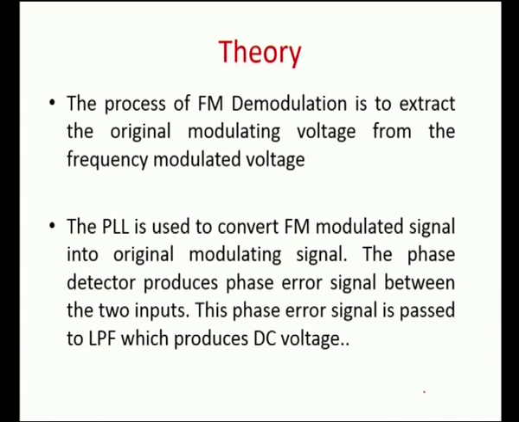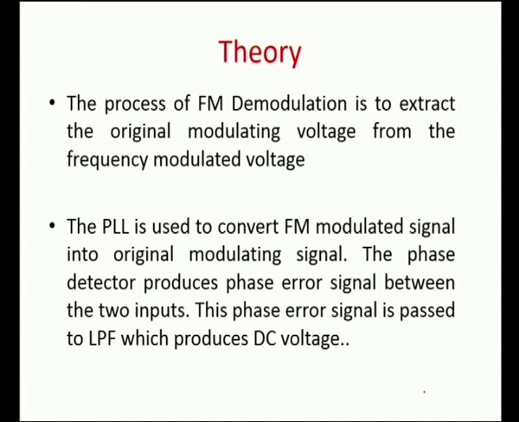The theory for FM demodulation: the process of FM demodulation is to extract the original modulating voltage from the frequency modulated voltage. A PLL is used to convert the FM modulated signal into the original modulating signal. The phase detector produces a phase error signal between the 2 inputs.